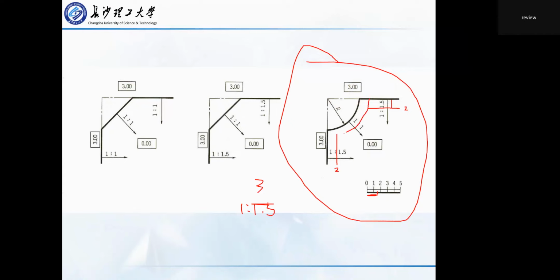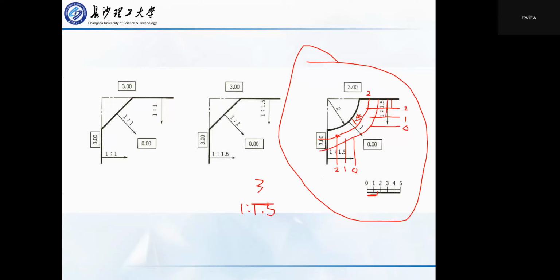Let the radius be bigger than the original one. The distance of this one is also 1.5, and this is the contour line of 2, and then we will get the cross point. Then it is 2, then 1, and then 0. Also for this side it is 2, 1, 0, and we draw the circular curve.